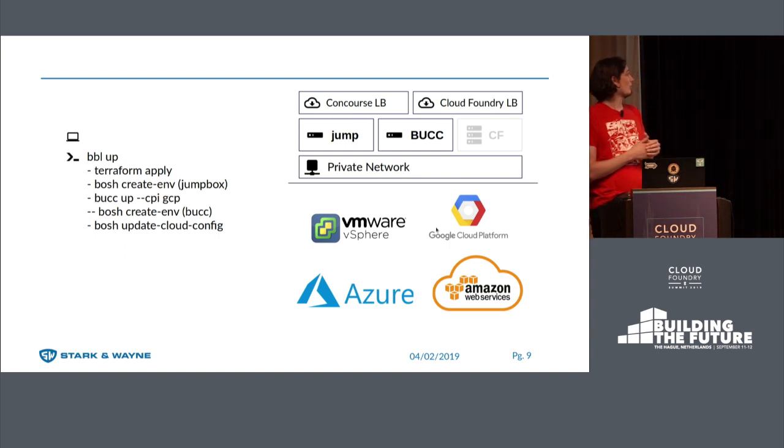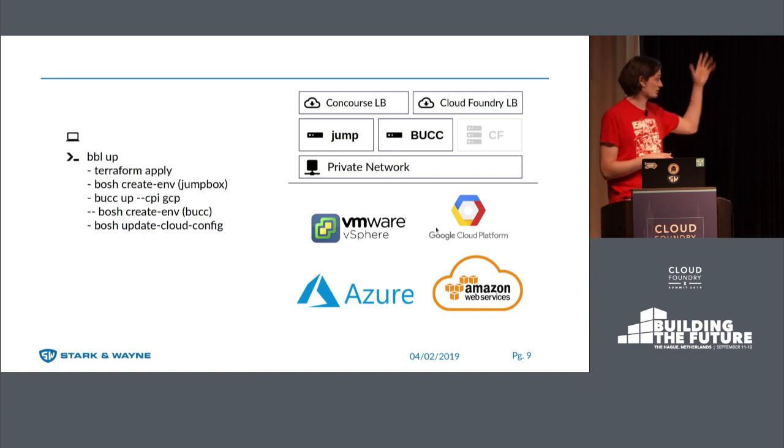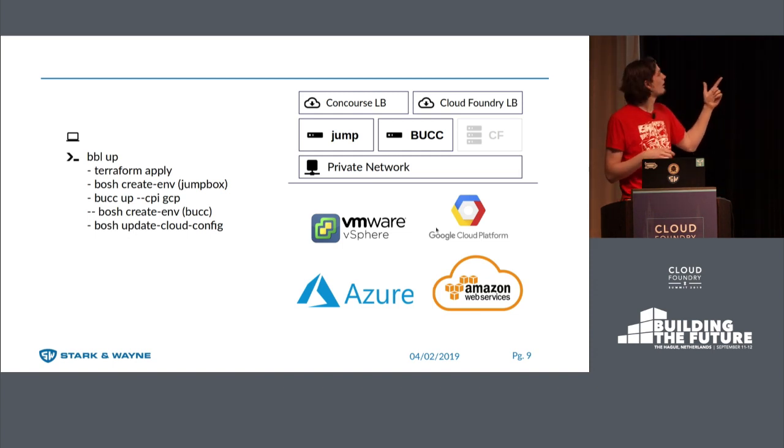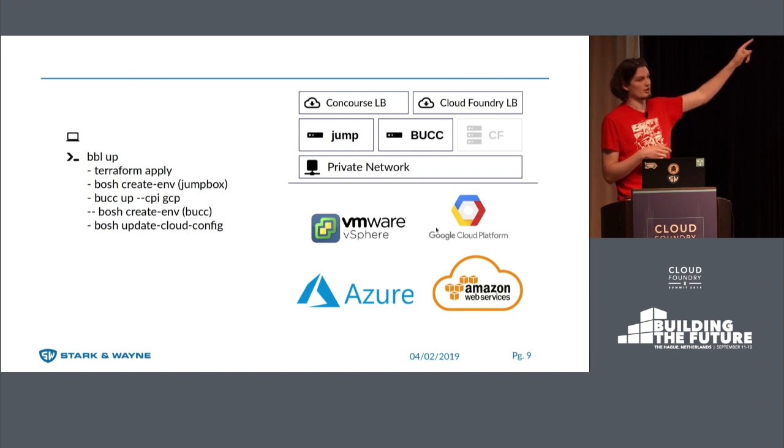We actually have support in BUCC for Bubble, but then you would call Bubble, which would call Terraform apply, which creates all the infrastructure. Then it will call BOSH create-env to create a jump box. Then it will call BUCC-up with a CPI of your choice, and then it will create the BUCC, as we can see on the right side.